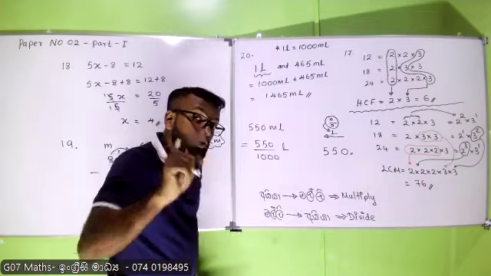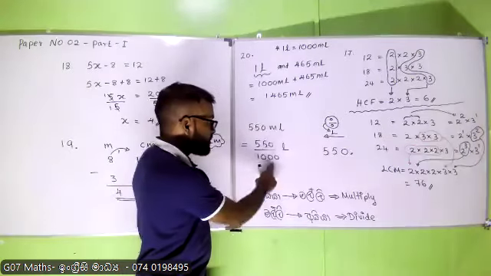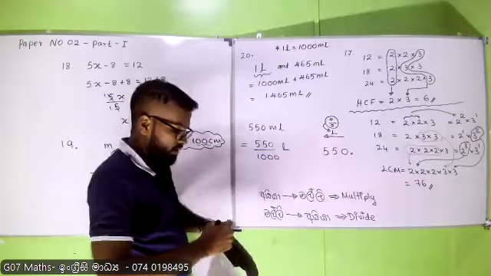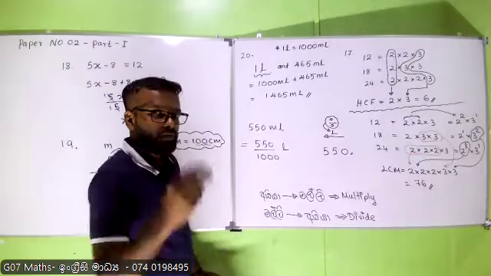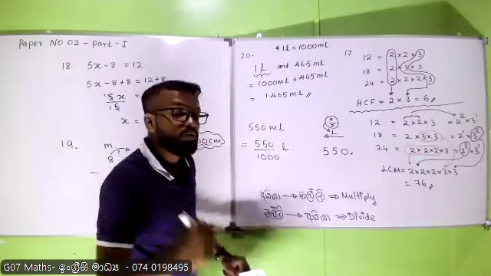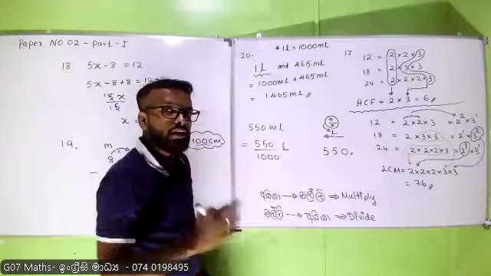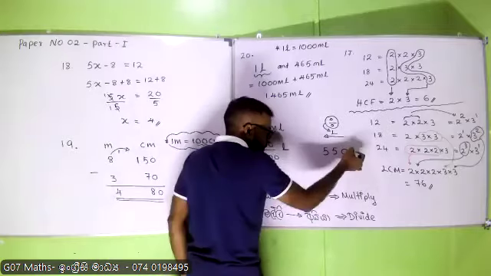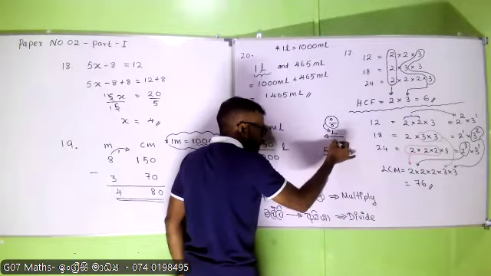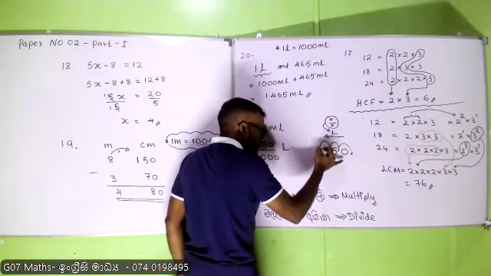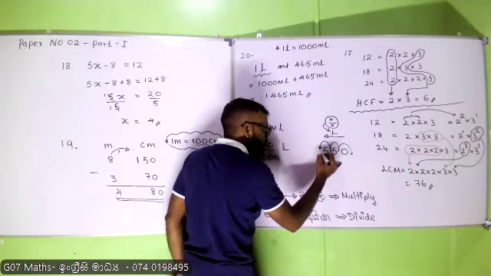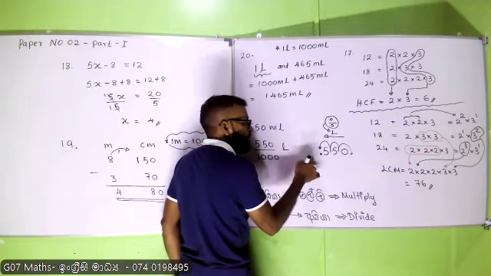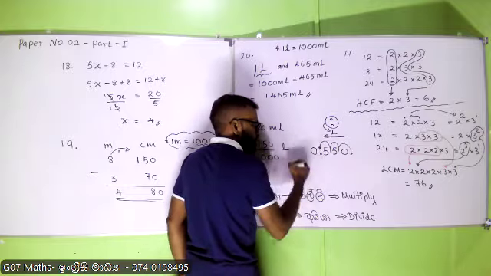How many times do you need to jump? How many zeros are there in 1000? 3. So you need to jump to your left hand side 3 times. 1, 2, 3. So your decimal point comes here. In front of the decimal point, you can put a 0.